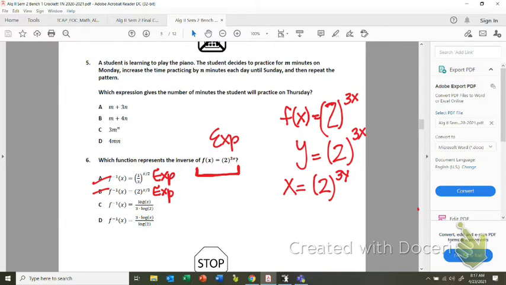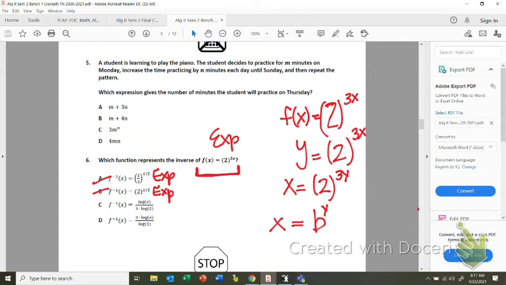How do you change from exponential to log or log to exponential? Something to the something equals something. B to the y equals x, yes. B to the y equals x.